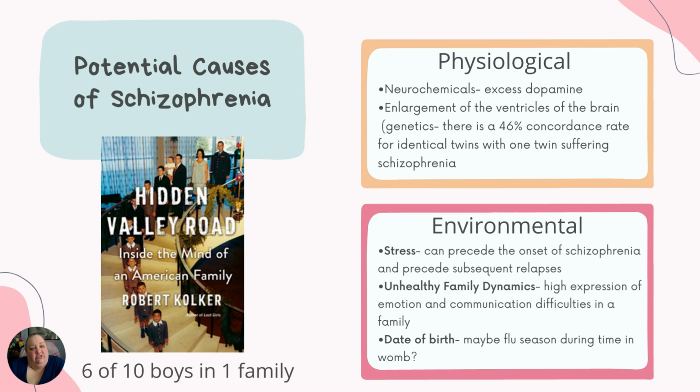Potential causes for schizophrenia: there can be a psychological cause, like a neurochemical, like excessive dopamine. It could be enlargement of the ventricles of the brain. Genetics: there's a 46% concordance rate for identical twins with one suffering from schizophrenia. Or it could be an environmental issue.